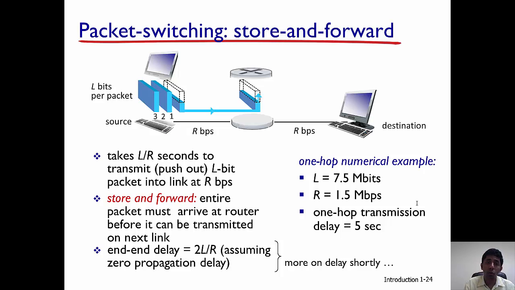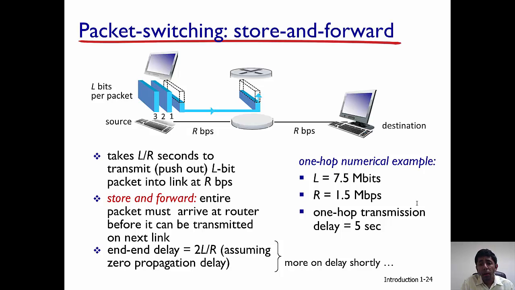So the total time to move a packet from one host to the other is 2 times L over R. This is the total transmission delay to get the packet from the source to the destination.